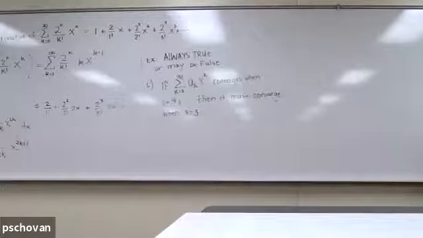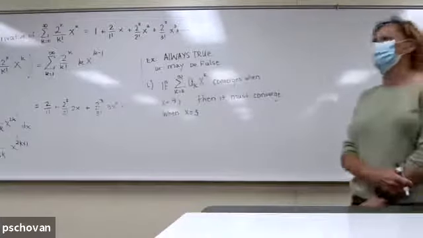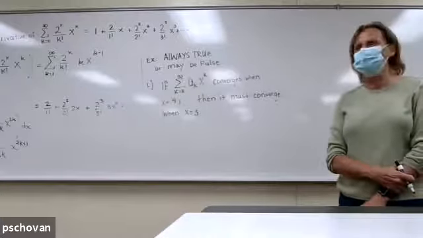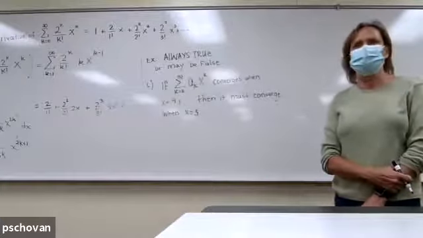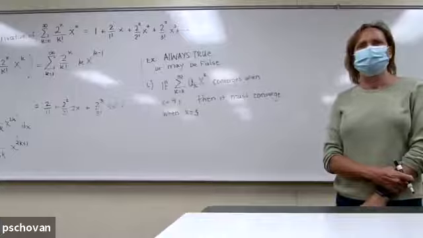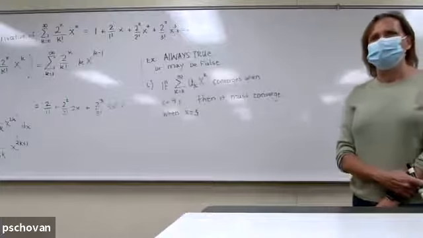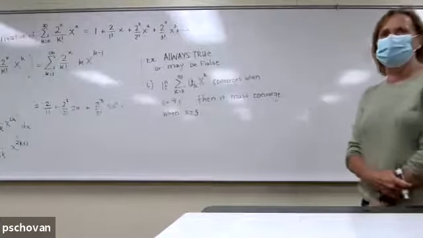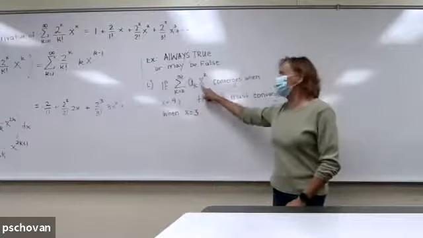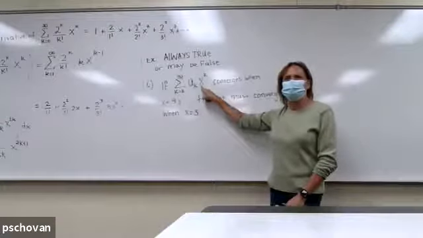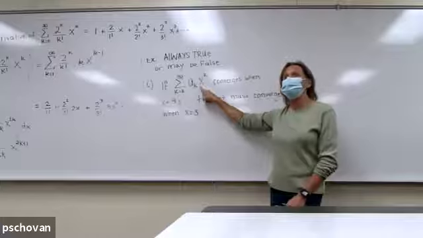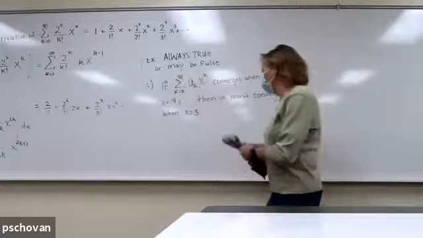Who wants to take a swing at it? Maybe false. Maybe false? What drives you to say that? Just because it converges on 4 doesn't mean if it converges on 3, the interval could be from 4 to... But where is this power series centered? 0. It's centered at x is equal to 0. So I know this.